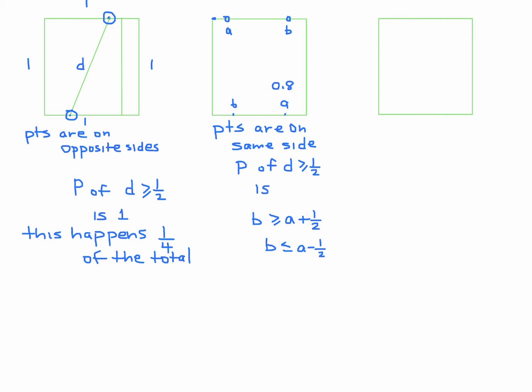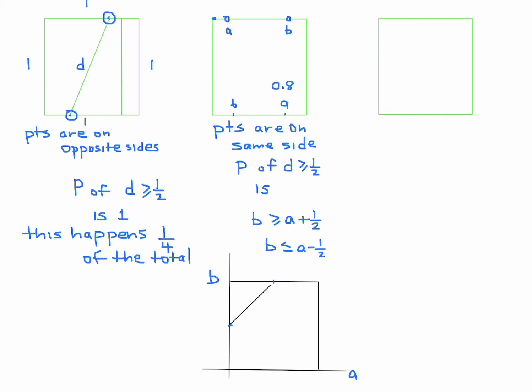Now those two inequalities, we have to graph them. And when we graph them, it will be a scenario where we can figure out the probability. So if I graph these now, I'll just make a square here where this represents A and this represents B. So this right here, B is greater than or equal to A plus a half, is essentially the line between those two midpoints.